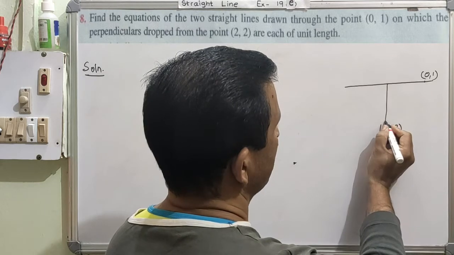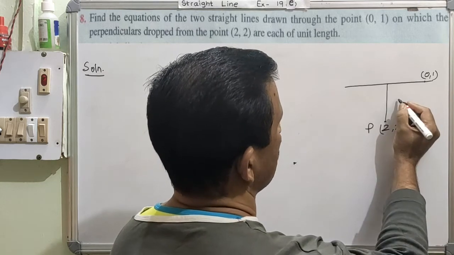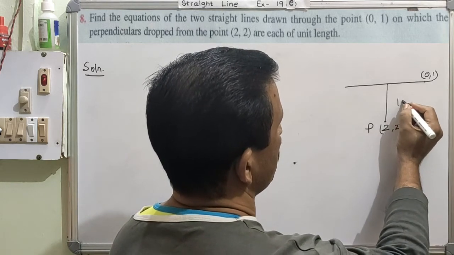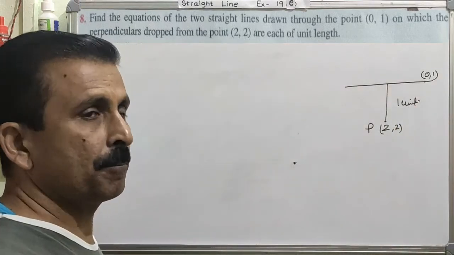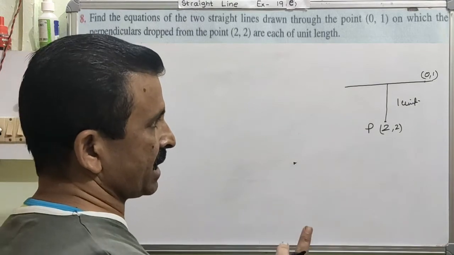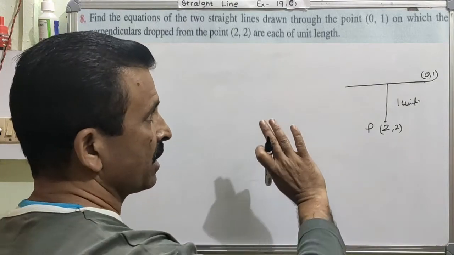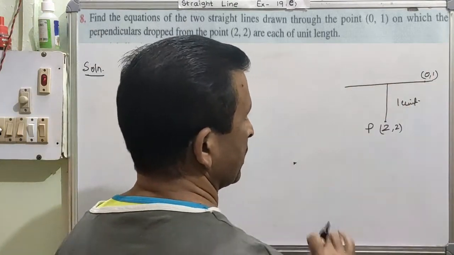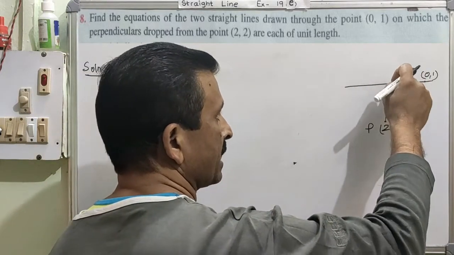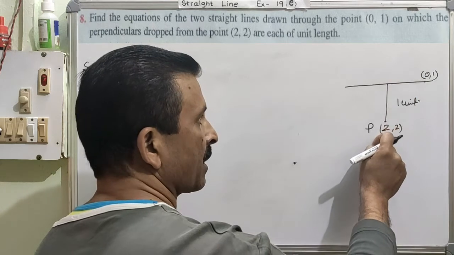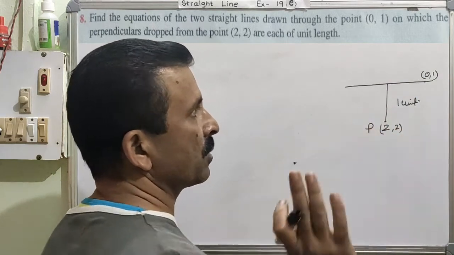Suppose this point is P. This point is at a distance of 1 unit. Is it all right? So this is the diagram. Now the question is to write down the equation of this line. You have to write the equation of two lines that pass through this point and are at a unit distance from the point (2, 2).